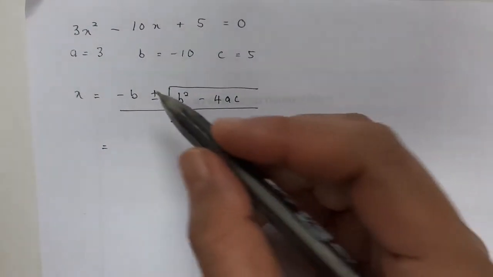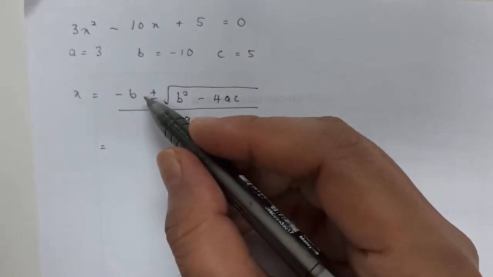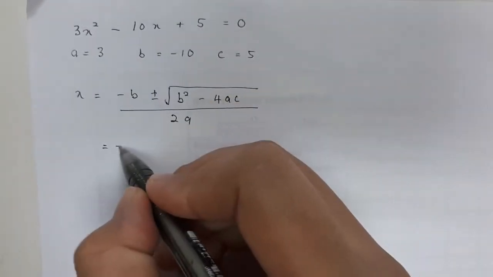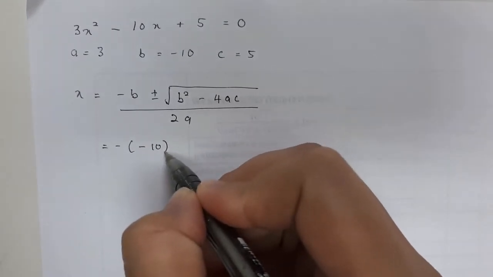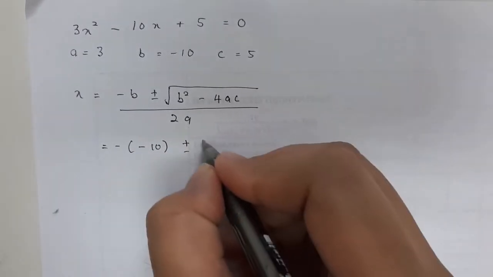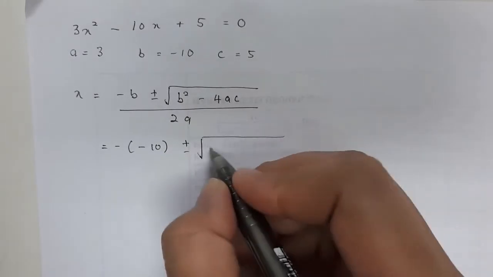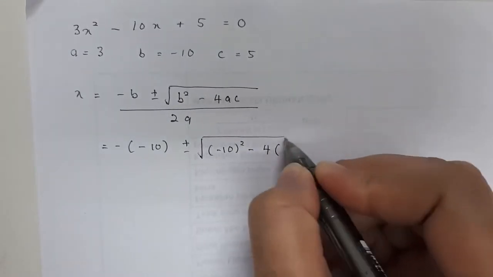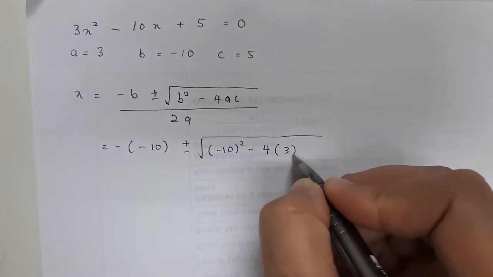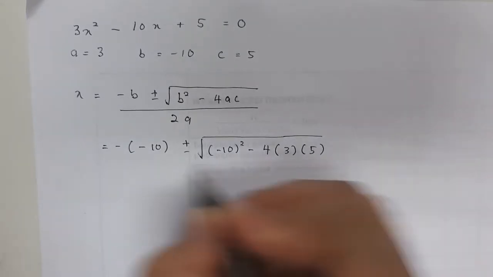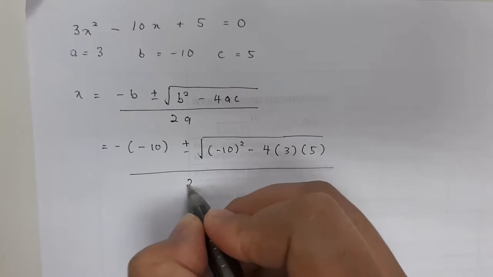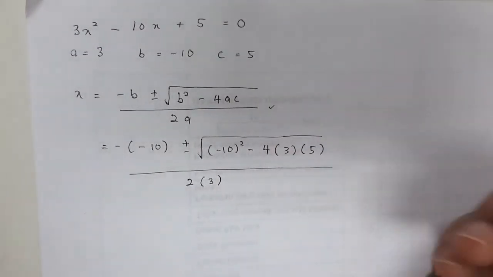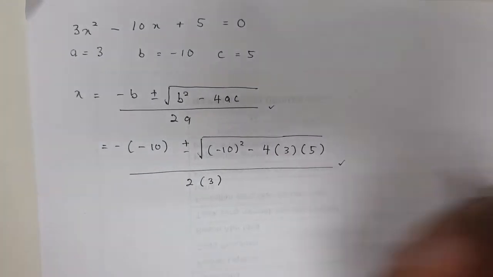Okay, let's substitute the values of a, b and c. Negative b, negative 10 plus minus square root b square, negative 10 square, minus 4 multiplied by a multiplied by c over 2 multiplied by a. Okay, we have written down the formula, substitute all the values.